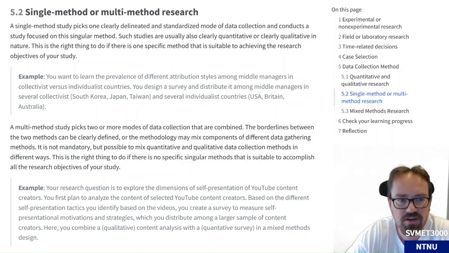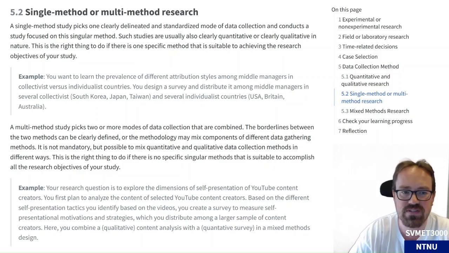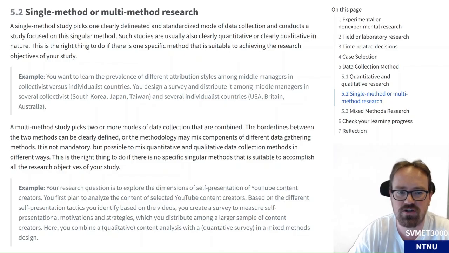But very often, a single method study is much more manageable. You should only engage in multi-method research if that's really warranted by your research problem, and you can't break down that research problem into smaller problems that then allow a single method investigation.